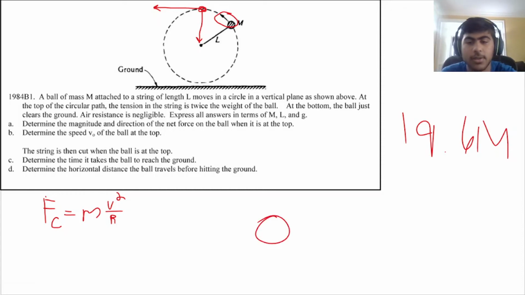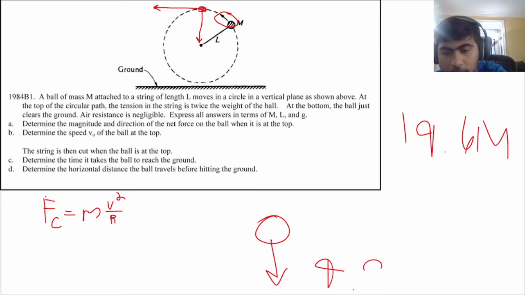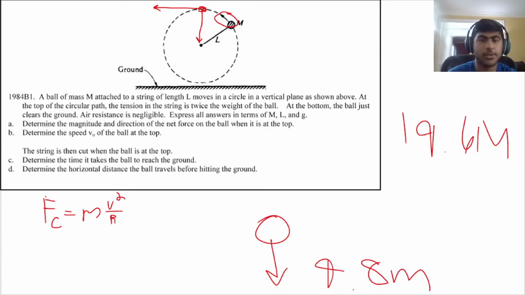We have the weight, 9.8 m, and we have a tension. It looks like the tension is pointed up, but at the top the tension is supplying the centripetal force, because nothing else will supply it. So it must always be pointing towards the center of the circle.